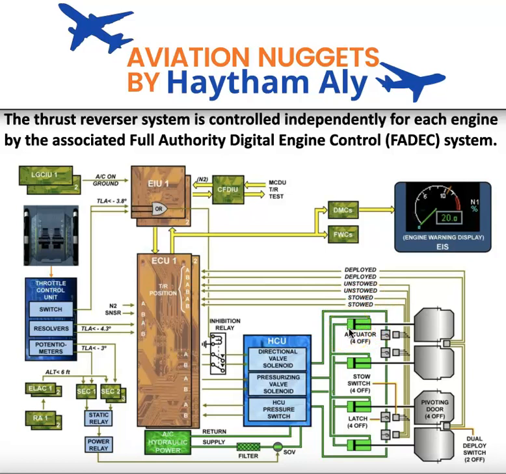Okay, everybody. I need to tell you that in order to deploy the thrust reverser, hydraulic pressure must reach the stow chamber and the deploy chamber at the same time. Due to the difference in surface area, the deploy chamber will win and the thrust reverser will deploy. If you ask yourself why, in deploy, we need the hydraulic to go to both chambers, this is a fail-safe design.